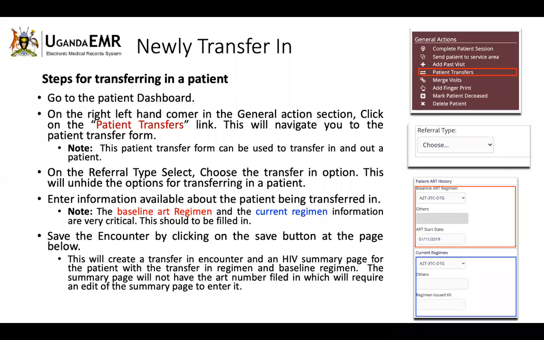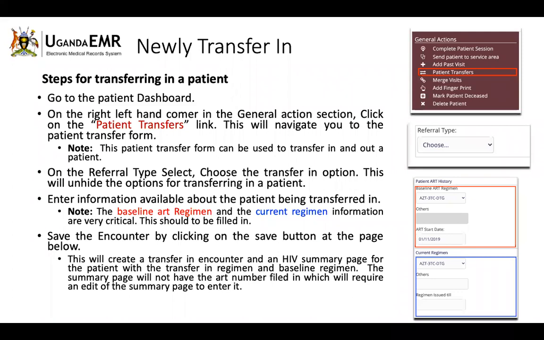After registering them, you go to the patient's dashboard. I would like to start from the patient's dashboard point and then go downwards, because the registration process is very clear.